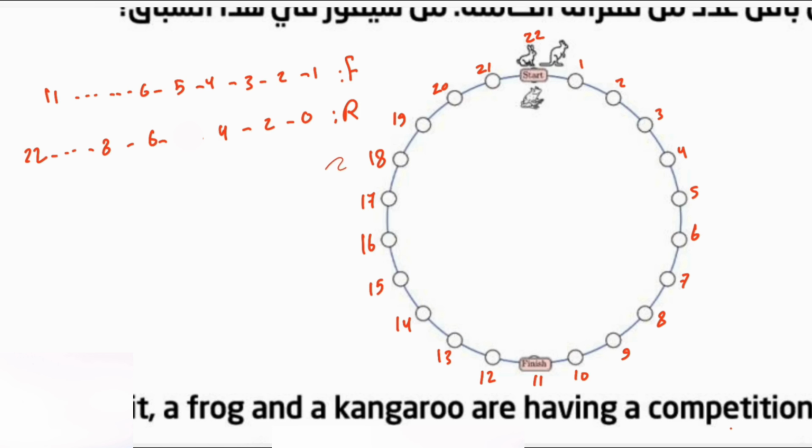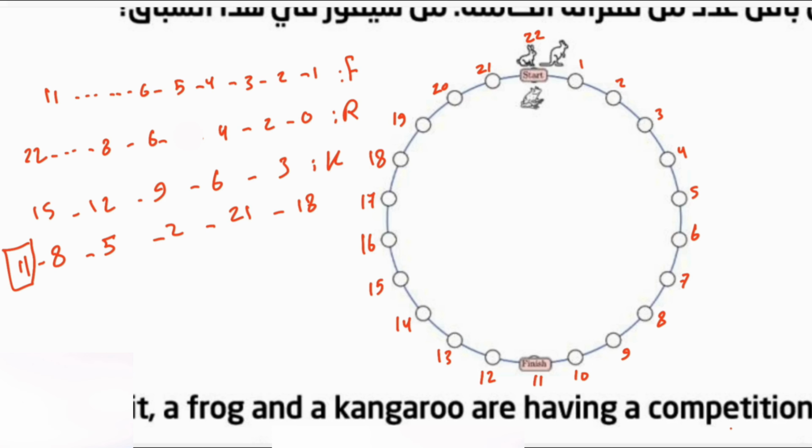Now for the kangaroo, he will start from 3, 6, 9, 12, 15, 18, 21, and after 21 he will start from 2, 5, 8, 11. So it reaches the finish point.